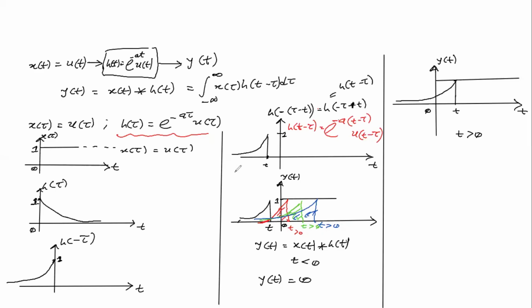So if we now consider this, we are considering y of t at t greater than 0 this time. So what are we going to get at this point? At this point. At this point. So we are going to get a value because they overlap.